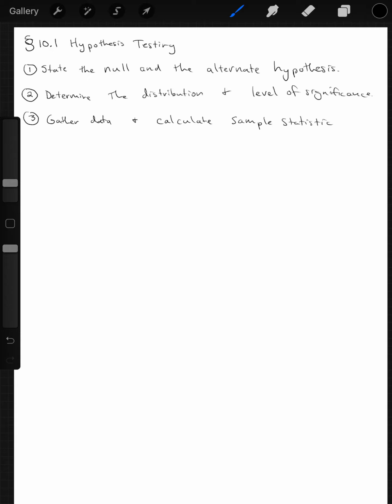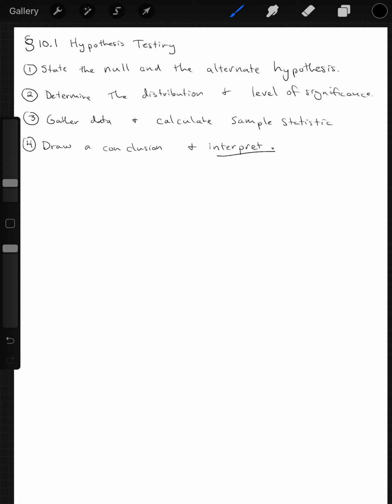And then the last step is to draw a conclusion, right? So a hypothesis test will always result in a conclusion, and it's going to be just as important that we understand how to interpret that conclusion as it is that we know how to draw it.